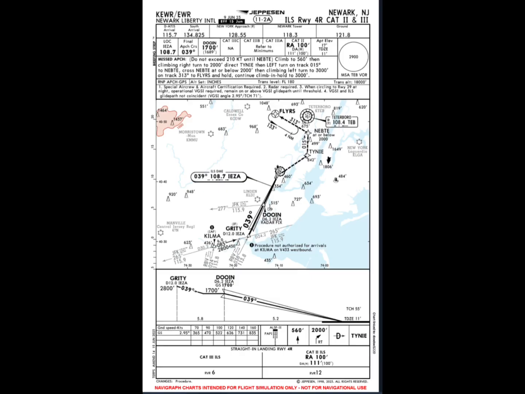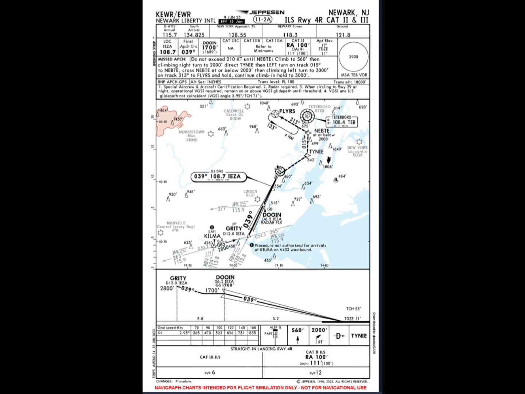It's a little tough to see on here because I could only zoom in so far, but if you look under GRITY, G-R-I-T-Y, there's a line there, and it says JFK 265. That's a line drawn from the JFK VOR, the 265 radial radiating out of the JFK VOR.